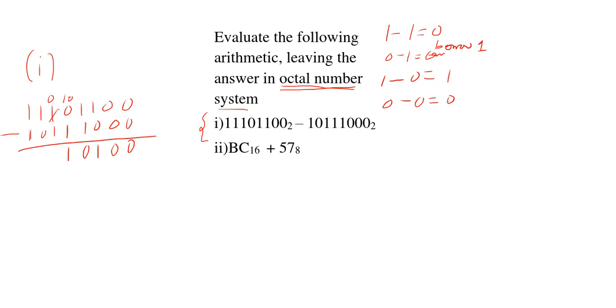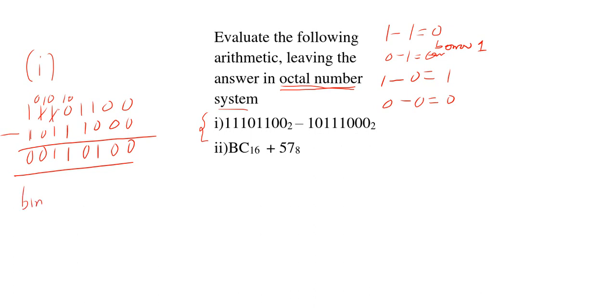Here we remain with 0, so we borrow again from here. We remain with 0. We get 1, 0, which is equivalent to 2. We get 1. 0 minus 0, we get 0. And lastly, we get 0. So this is the number that we are getting, but we have to change it to octal.